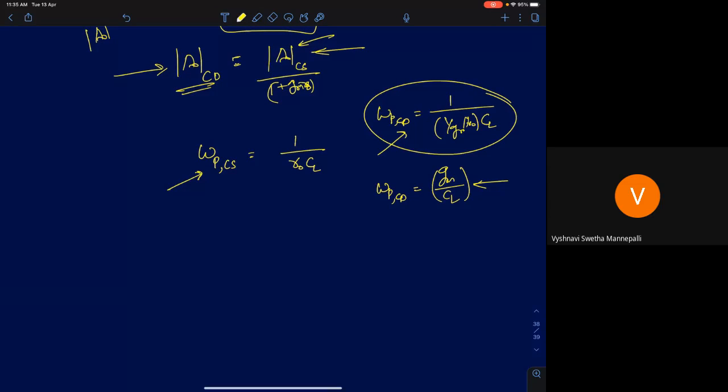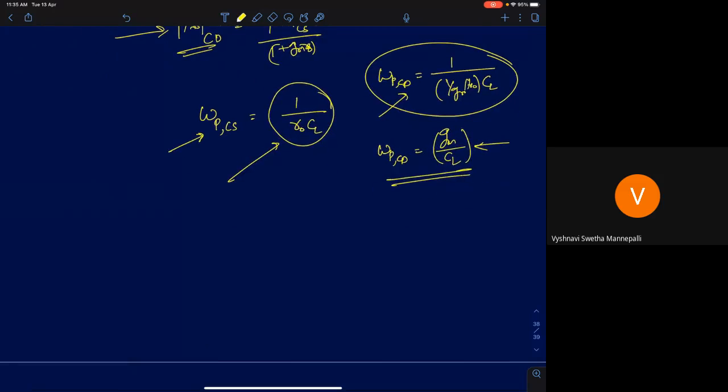So you can see the pole is finite, whereas the common source pole is at a much lower frequency. Intuitively, even if I assume R0 as infinity, the common drain's pole is going to be at a much higher location. Omega P CD will be definitely much greater than omega P CS.